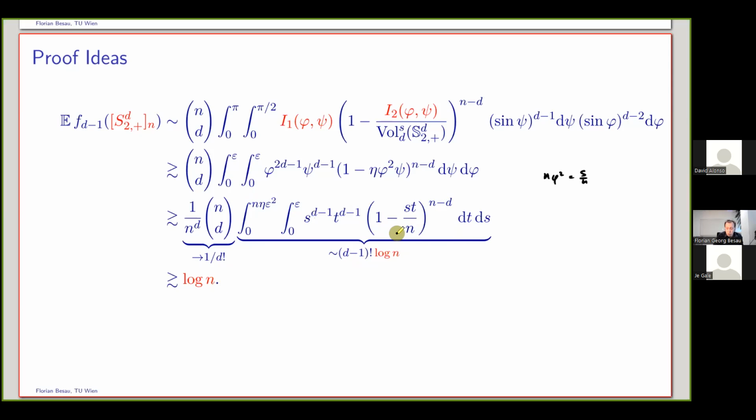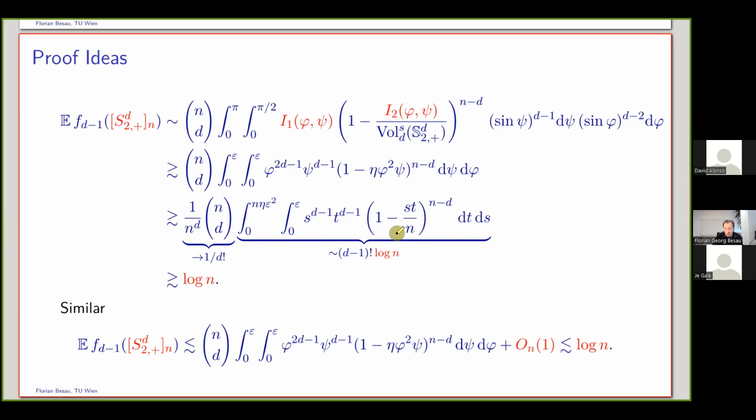And for the upper bound, you do pretty much the same. So you also want to concentrate on the integral here from 0 to epsilon for epsilon small. And then you have to also consider the other parts, right? So on the other parts, you can either bound phi or psi away from 0. And if you eventually look at this again, and for instance, if t is bounded away from 0, then you can estimate this.